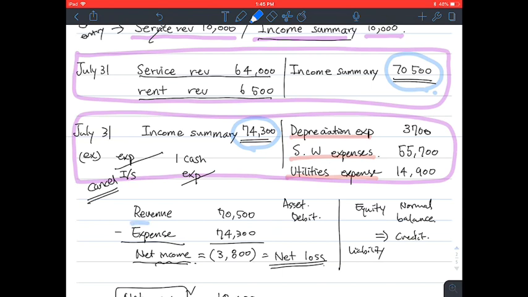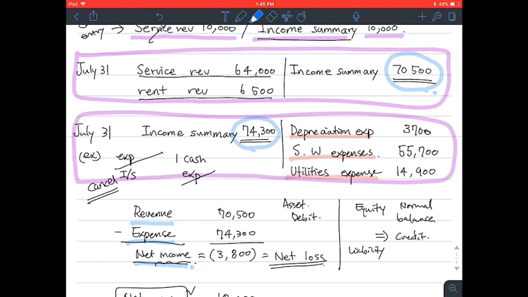We call this net income, right? Then what do we do with net income? We put it in the retained earnings statement. How do we do that? We first start with our beginning retained earnings, then plus net income or minus net income. It's minus if it's a net loss, and plus if it's a net gain, right? And then we minus the dividends, and then we finally get our ending retained earnings.